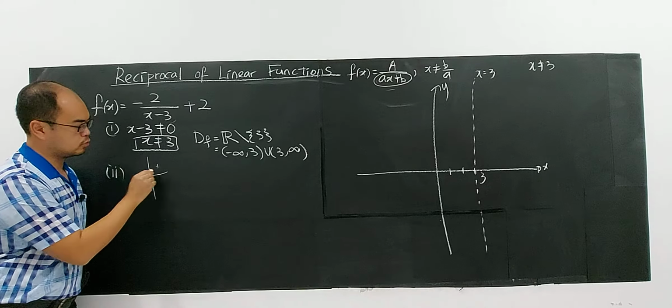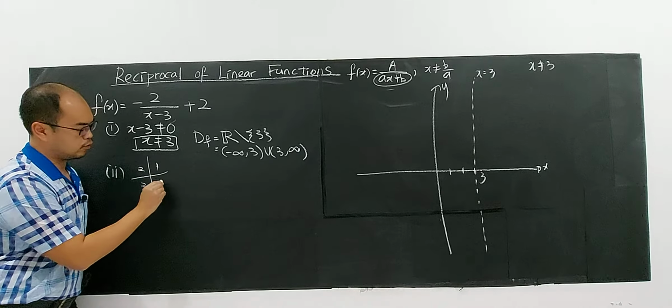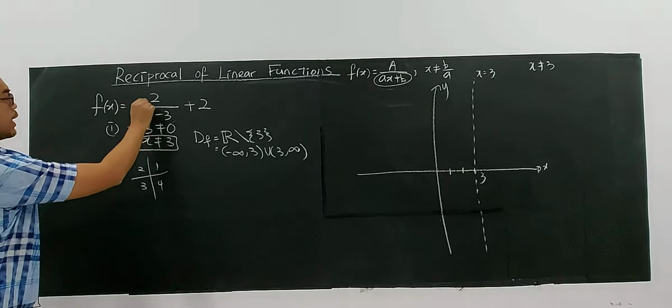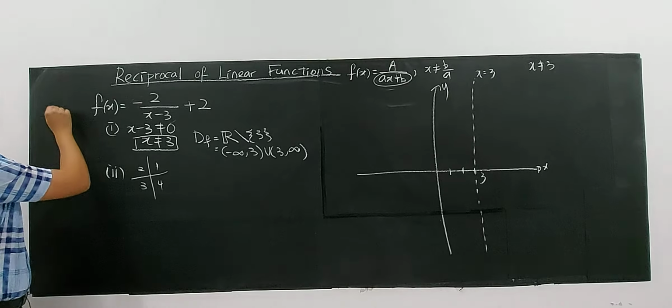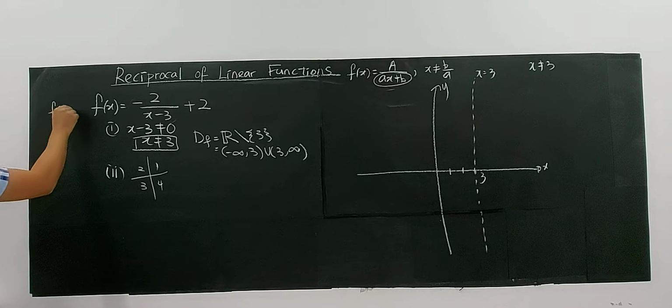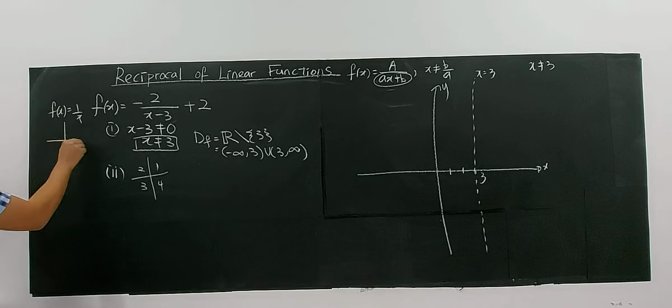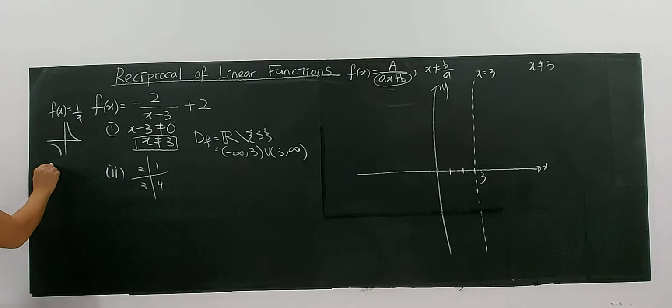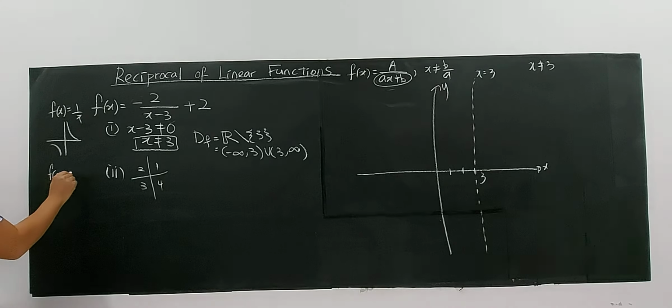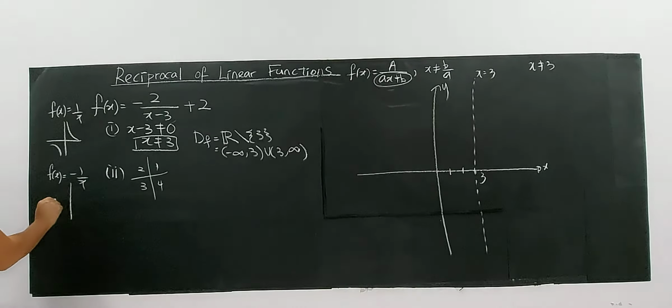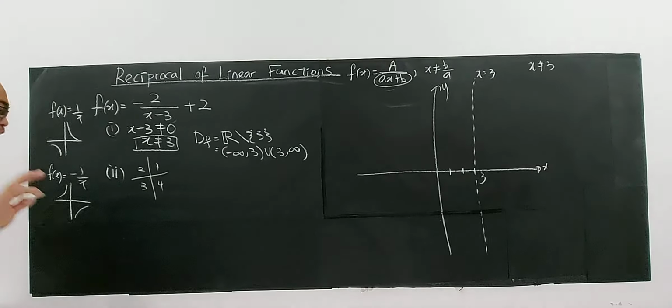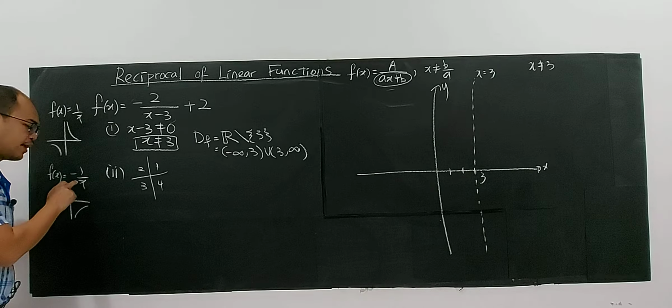You have four quadrants: 1, 2, 3, 4. If f(x) equals 1 over x, it will be in the first and third quadrants. If you have f(x) equals negative 1 over x, it will be in the second and the fourth quadrants.